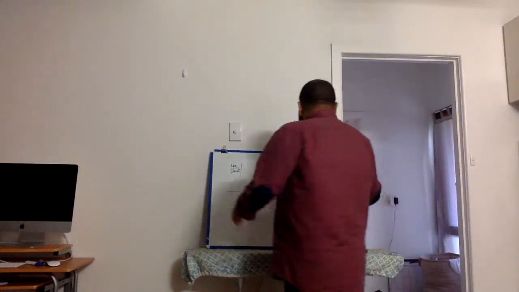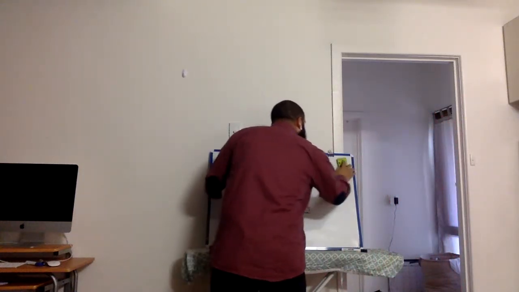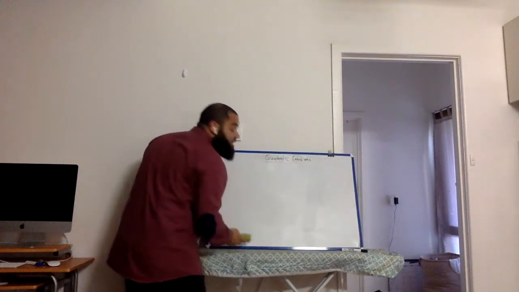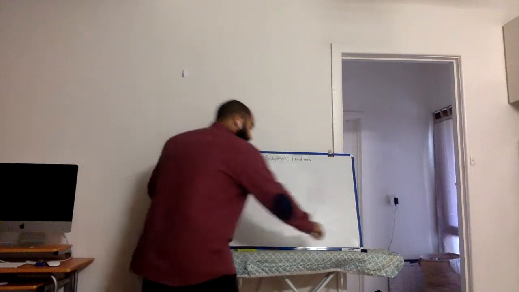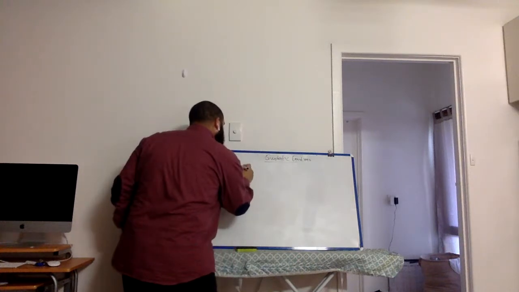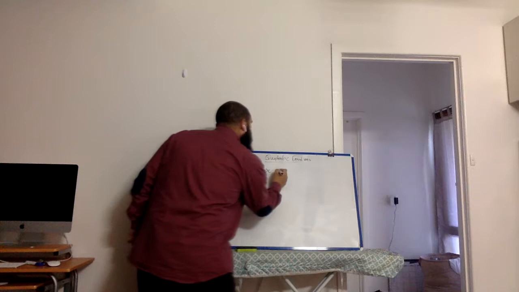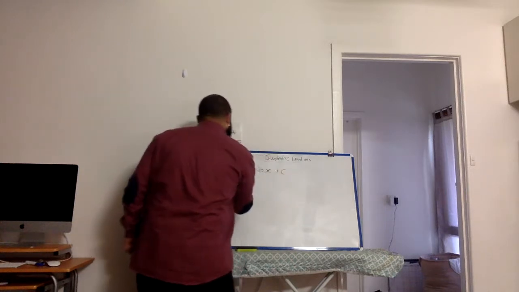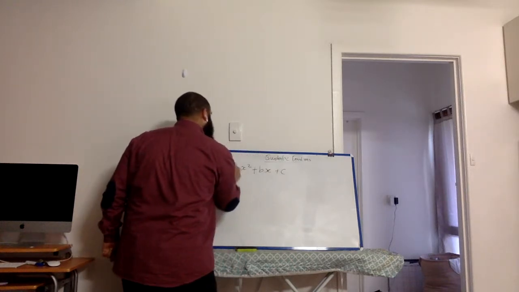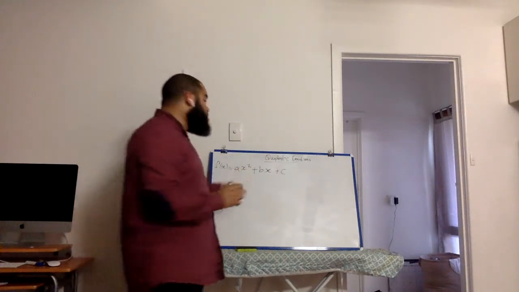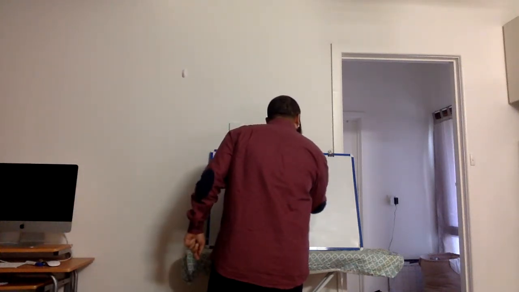So when you have the formula that we derived last time, Yasmin, can you please tell me the formula? Excellent. Ax squared plus bx plus c. This is f of x, y equals. So you need to get the values of x when this function is equal to 0.